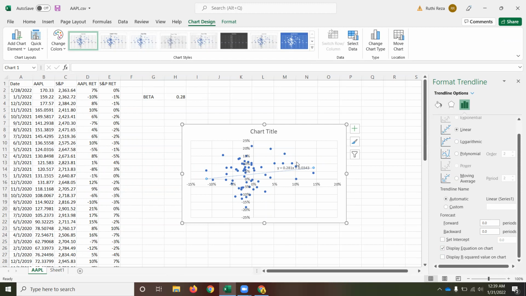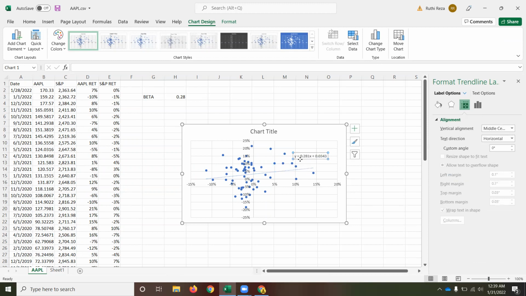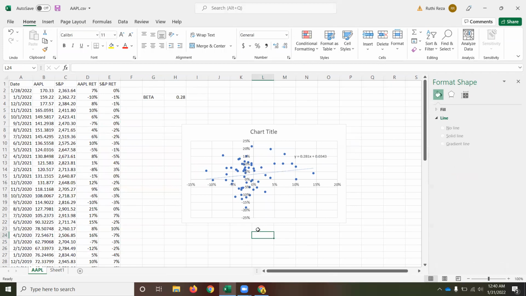So you can see here the slope of this equation is what? 0.281. So again, the slope beta here is what? 0.28.